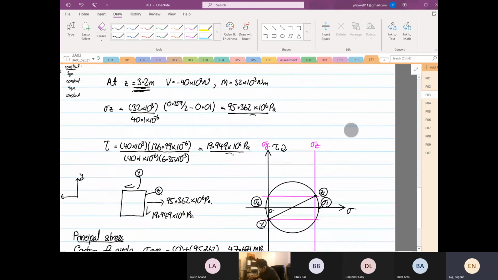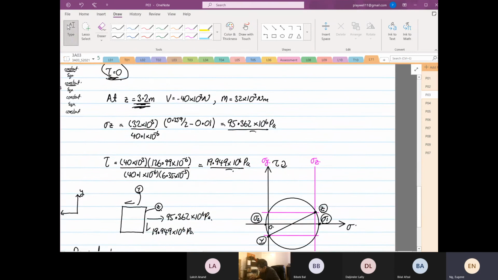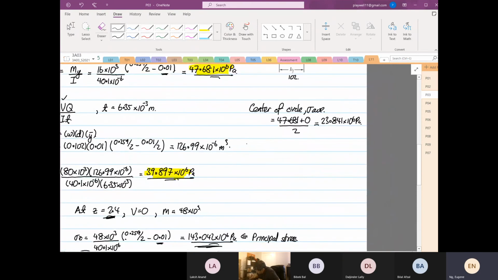The formula is still the same. You get the center of the circle, then you find the radius of the circle.